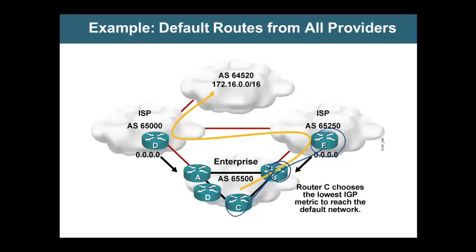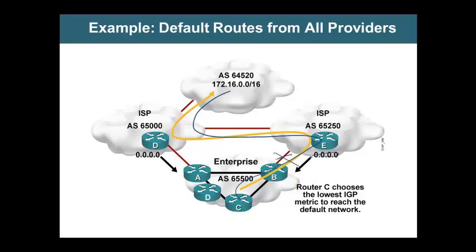D is also giving a default route, but for C, D is one or two more hops away compared to B. Compared to B, A is far away for C. So C decides to choose this path. And if anything goes wrong here, the default route will not come and it will start going via this way.